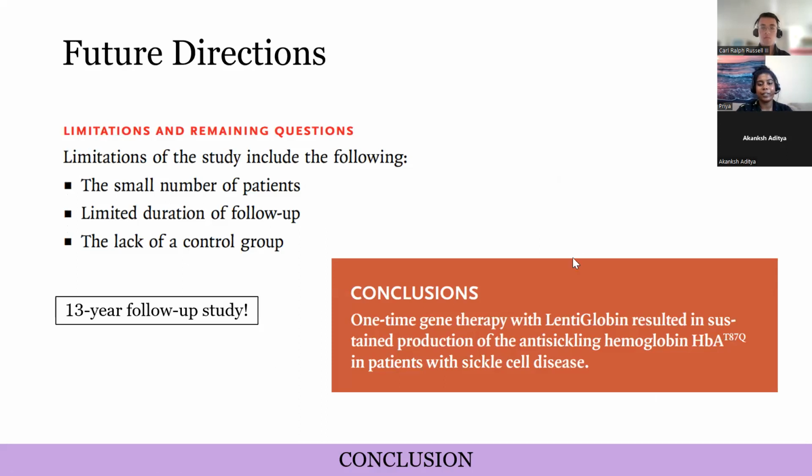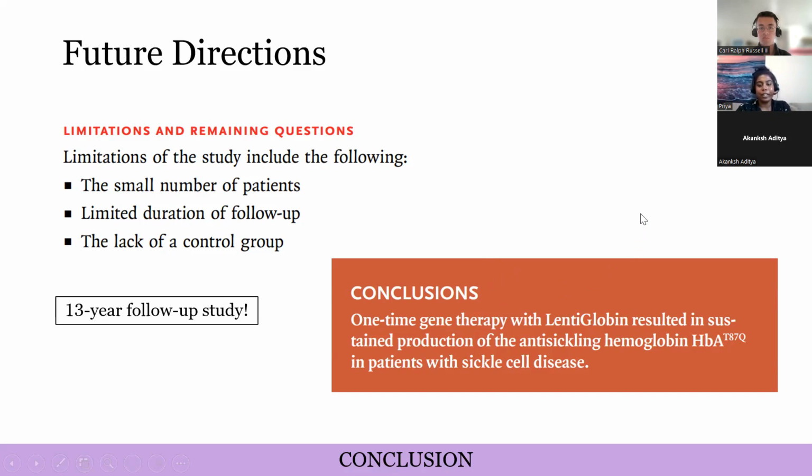Future directions, there are some limitations to this study given it's a small number of patients. There's no control group. And the follow-up was just, I think, 24 months, up to the max was like 37 months. But actually they're doing a 13-year follow-up study. So that's cool. We'll get more data from this as that goes on.